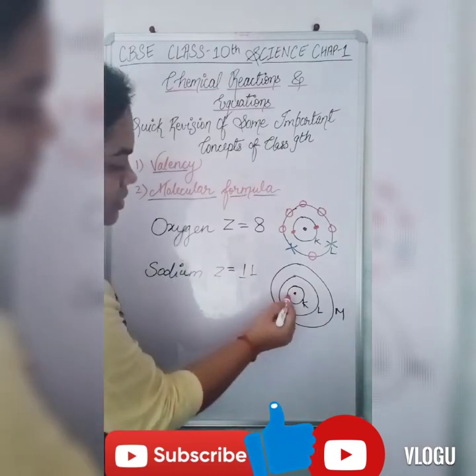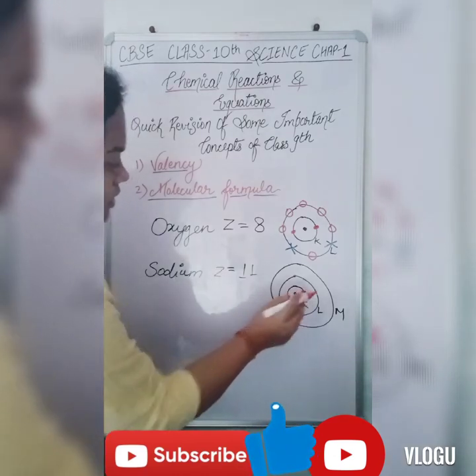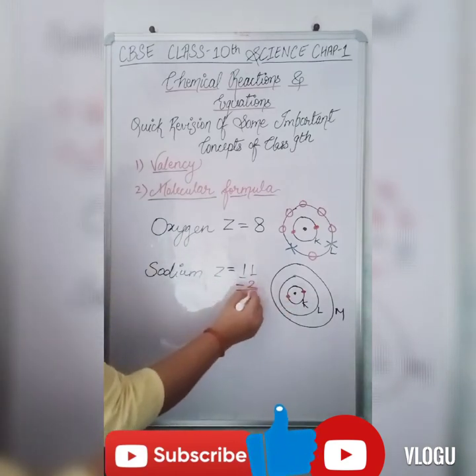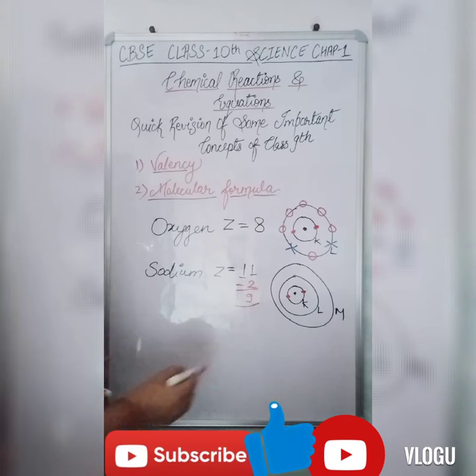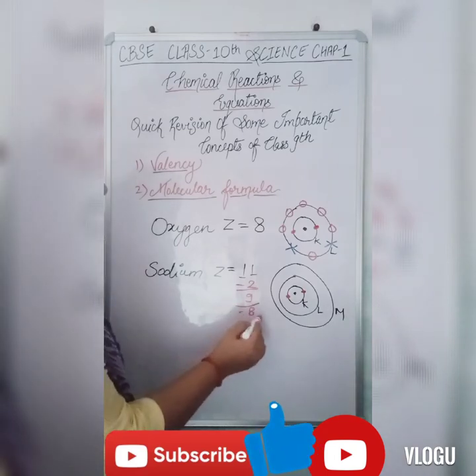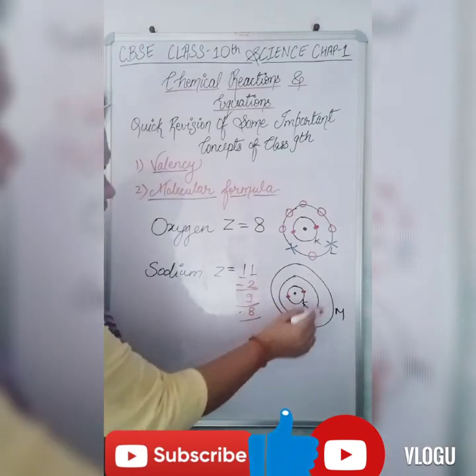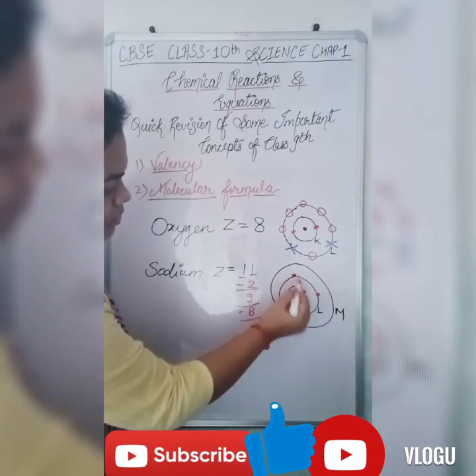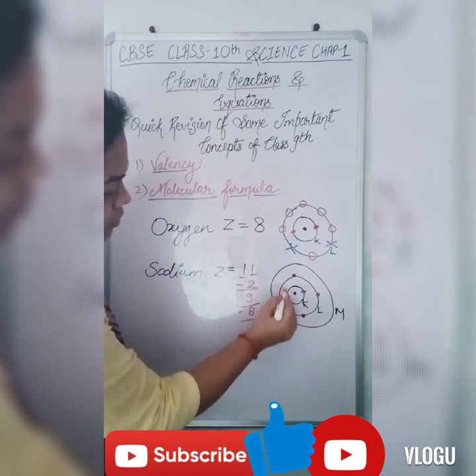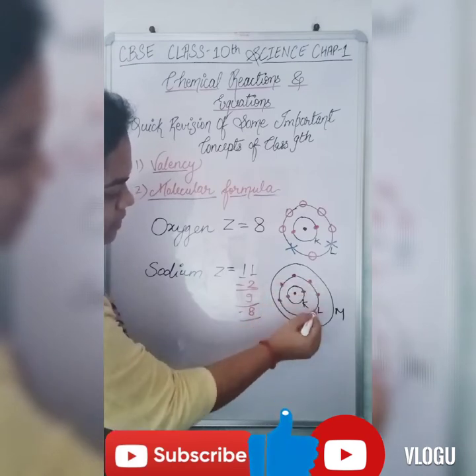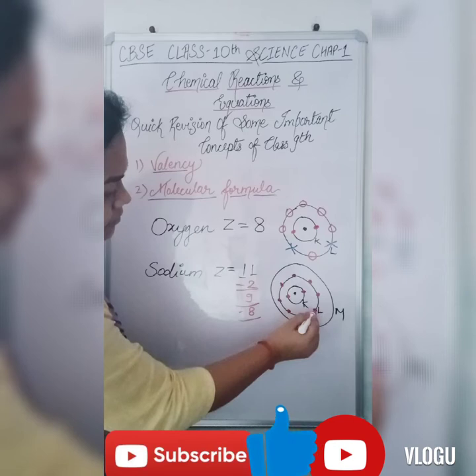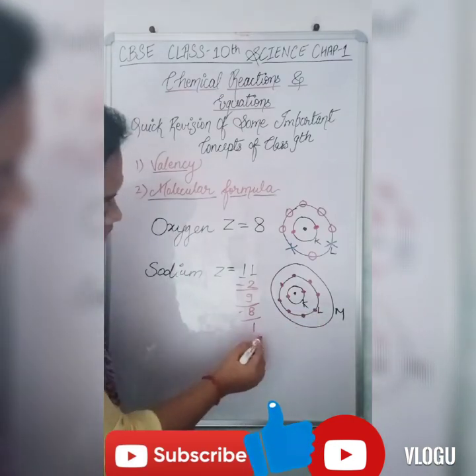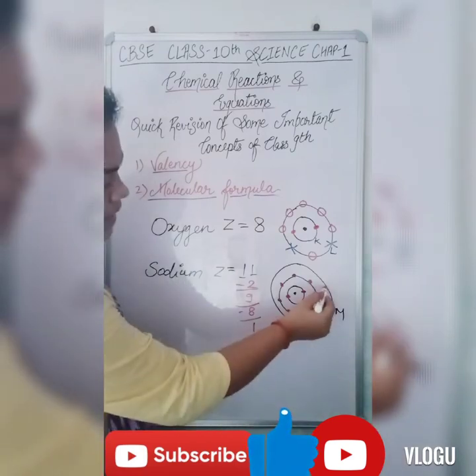Filling 2 electrons here, because this is the limit of K shell, so I have filled 2 electrons. Now minus 2, we get 9 electrons. So out of 9, I can fill 8 electrons in L shell, because L shell has space for 8 electrons. So 1, 2, 3, 4, 5, 6, 7, 8. All 8 electrons have been filled. Now 1 electron is still remaining and it will go to M shell.